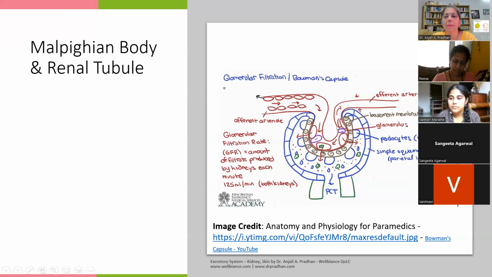Then comes the basement membrane. This is the basement membrane, and these are some special cells called podocytes. These podocytes have foot-like structures called pedicles, and these pedicles again have gaps in between.